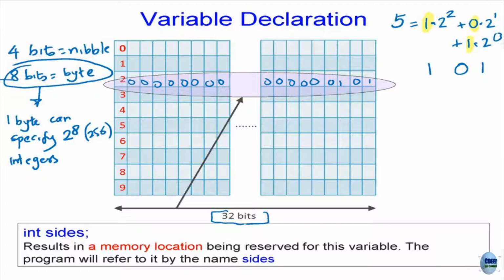So the representation for 5 is basically going to correspond to 1 0 1, right? And that's what you will write here. So let's say my sides value was 5, 1 0 1, the rest will all be zeros.